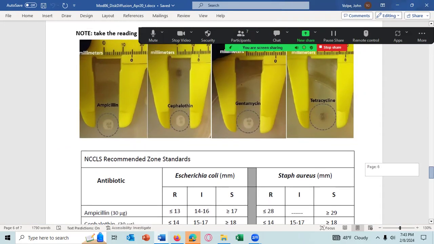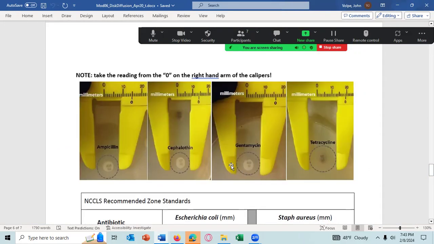We measure the size of the zone of inhibition using a caliper, shown here. You do not measure the size of the zone of inhibition from here to here, meaning that would be around 9 millimeters. And the reason is the 0 mark of the measurement does not come to this position.